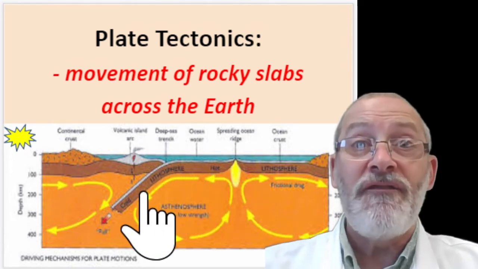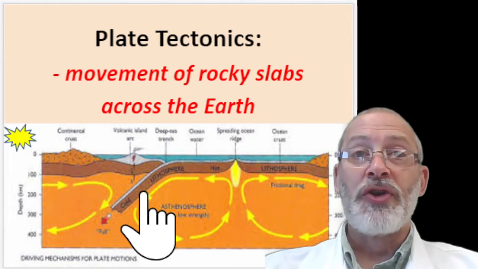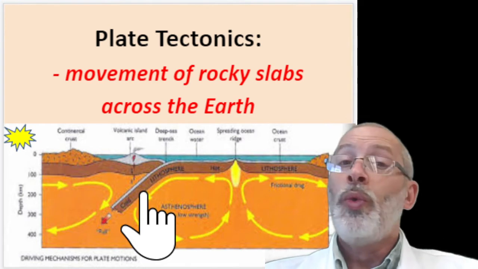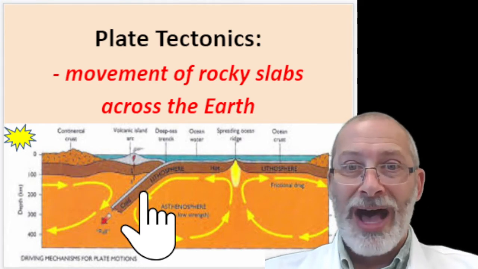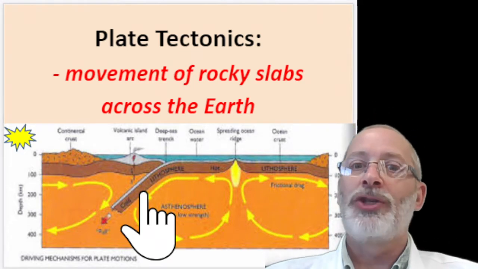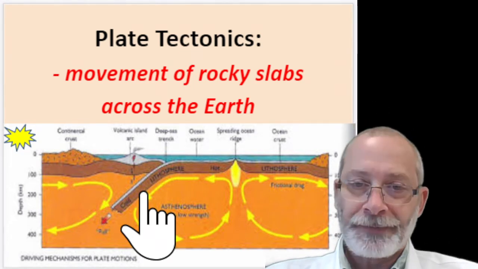Yes, we are floating on the surface of the earth. Even though we're not on top of an ocean, we are floating on top of an ocean of molten rock. I mean, that's pretty cool when you think about it.